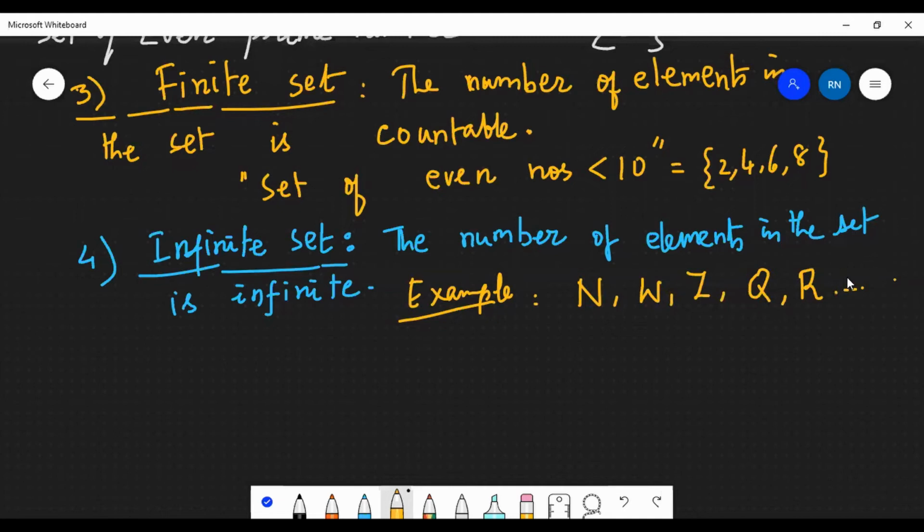R plus, Z plus, Q plus, whatever. All are infinite sets.